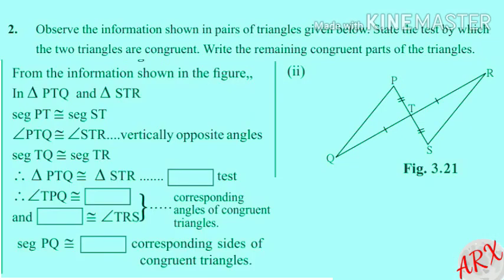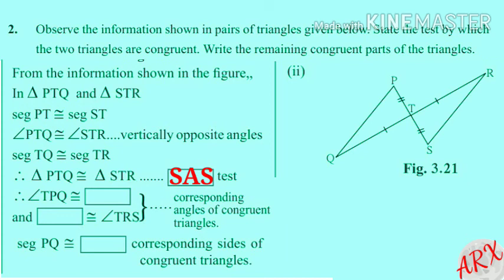Now, second example, from the information shown in the figure, in triangle PTQ and triangle STR, segment PT congruent to segment ST, angle PTQ congruent to angle STR because they are vertically opposite angles, segment TQ congruent to segment TR. Therefore, triangle PTQ congruent to triangle STR by SAS test.